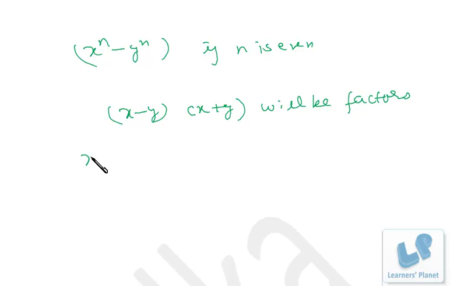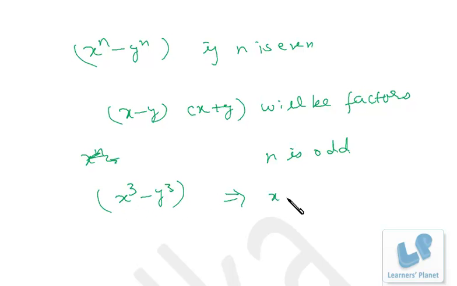And if x raised to n minus y raised to n is there and n is odd, then only x minus y will be a factor. Precisely, we can describe it by x cube minus y cube. So only x minus y will be a factor.